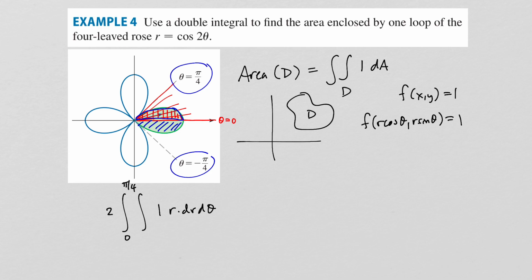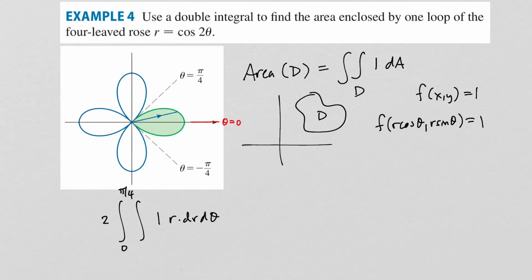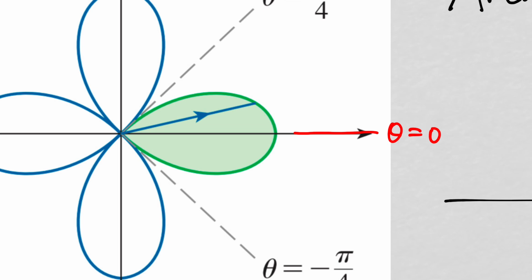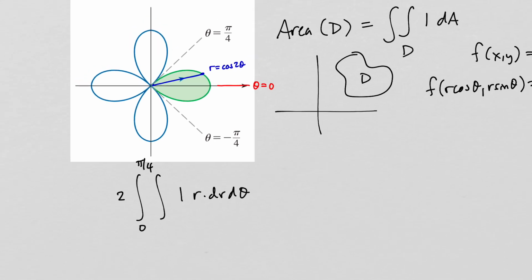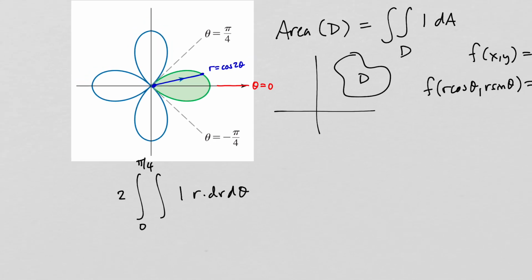And now what are the limits on r? Well, we have to recognize that r is the distance from here to the curve. And this is the curve r equals cosine of 2 theta. So r goes from 0 to cosine of 2 theta.